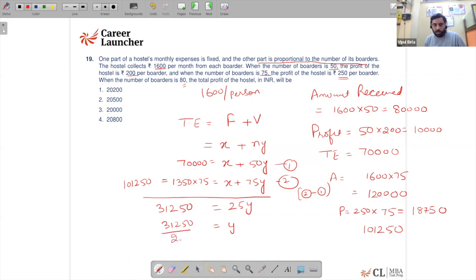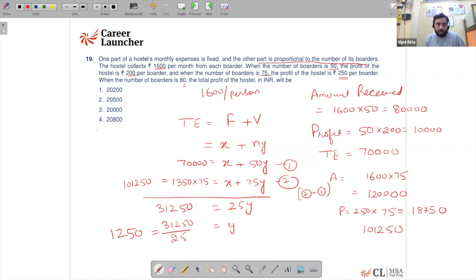So the value of y is 31250 divided by 25, which comes out to be 1250. You just plug in y equals 1250 in equation number 1.